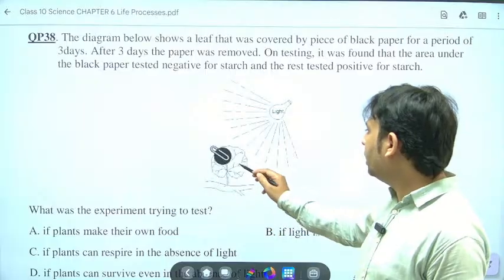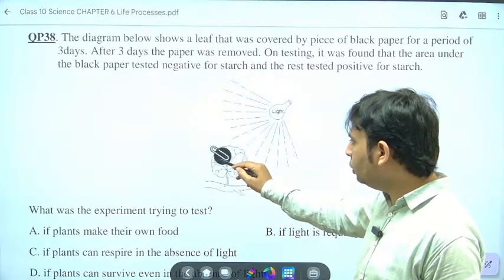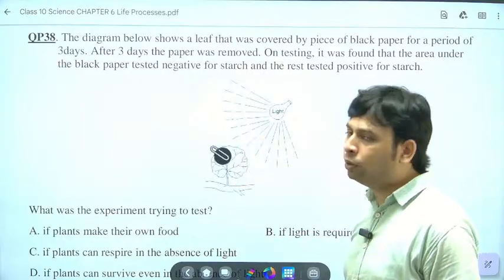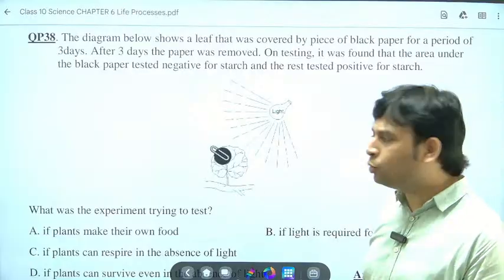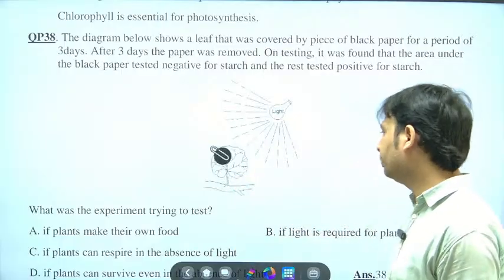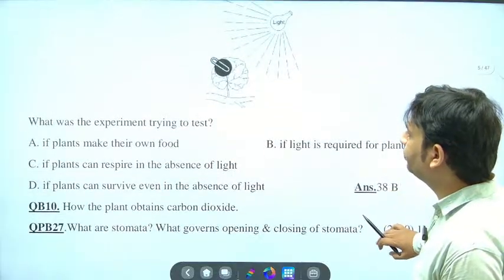Means starch has been made in all the green parts except this portion, because this portion has not trapped the sunlight. So photosynthesis has not been done in this portion, except in the other portions.